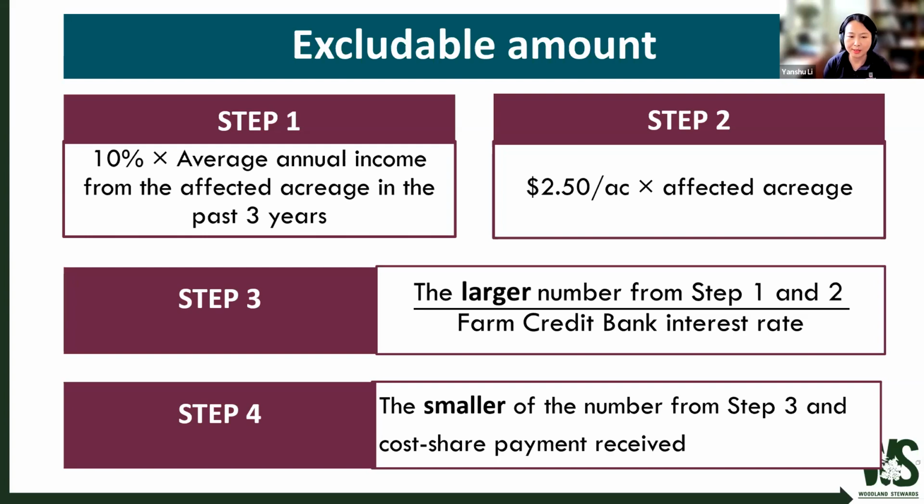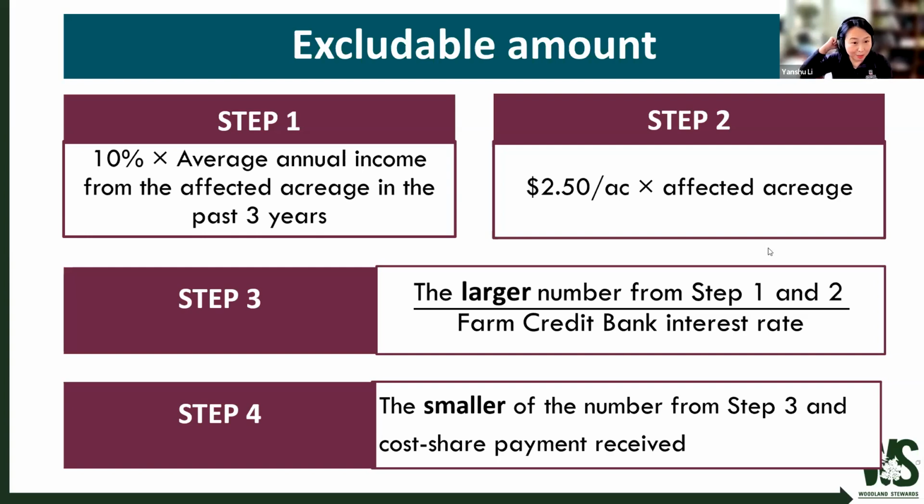They kind of accept this rate as an approximation of your interest rate for this calculation. And then the number from step 3 will be compared with the cost share payment you received. And then you can exclude the smaller amount of those, the number from step 3 or the payment.